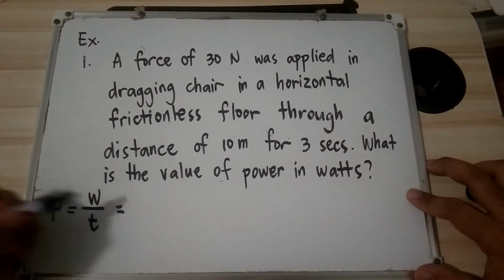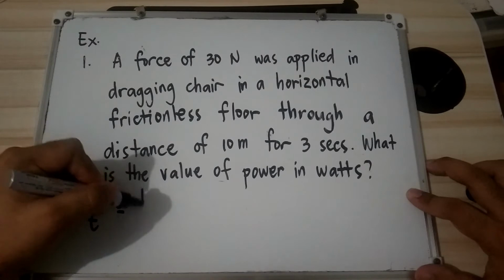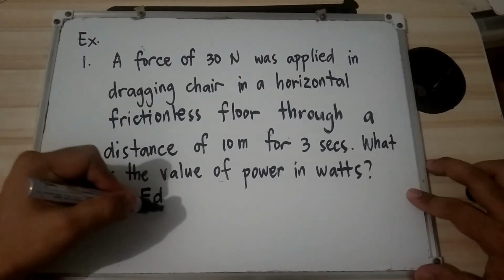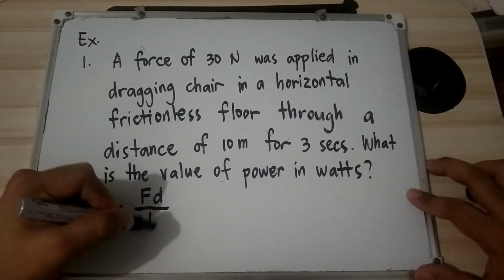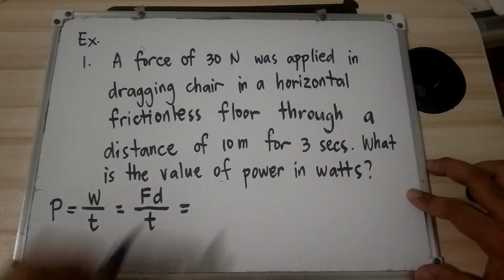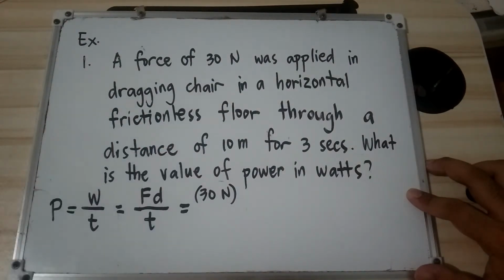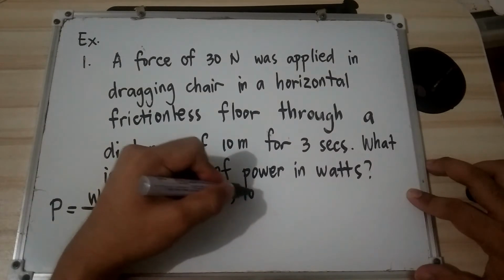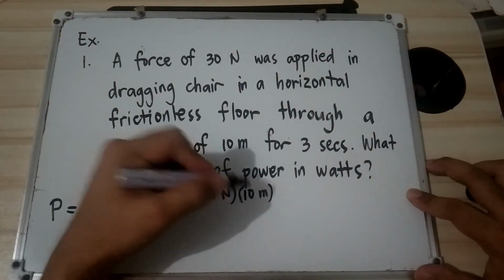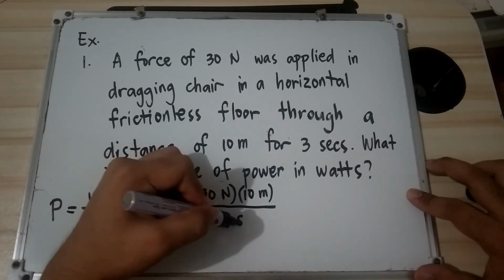Based on the given, we don't have the value for the work, and we need to solve for work. We know that work is equal to force times distance, over time. Force is equal to 30 newtons times 10 meters over 3 seconds.